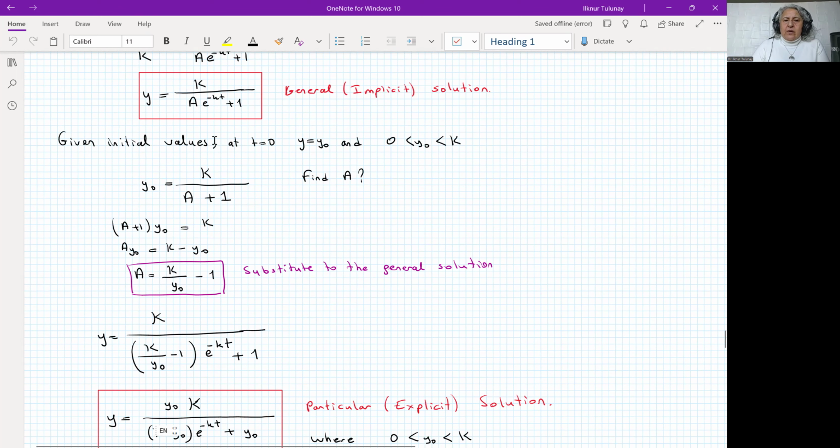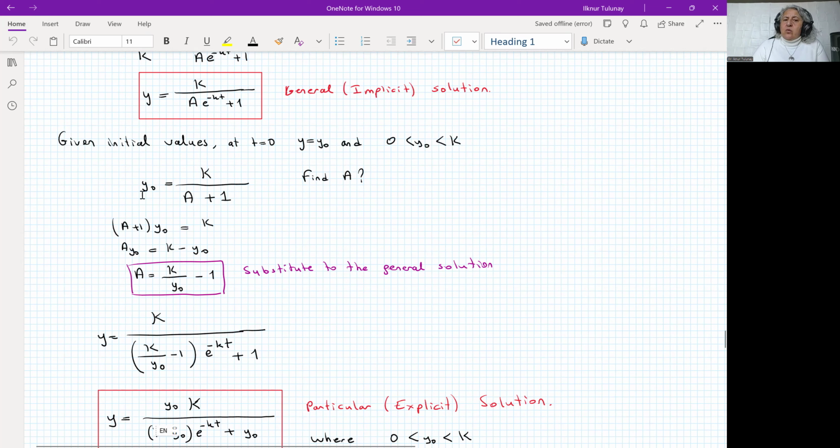If we have the initial condition at t is equal to 0, y is equal to y0. Y0 represents here an unknown constant. So let's plug this information into here. If t is equal to 0, e to the 0 is just 1. So we have a, we have k, we have 1, and y is equal to y0.